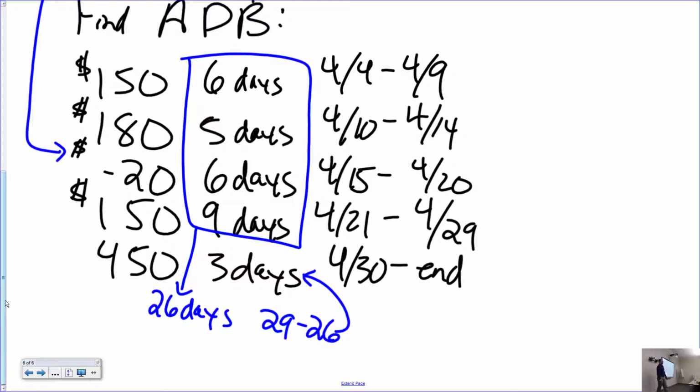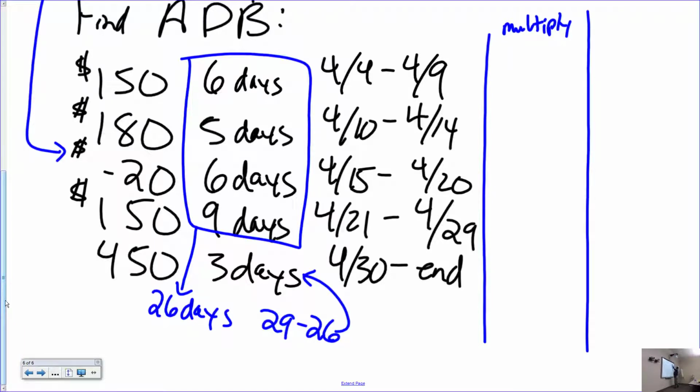Okay, now, average them up. What are we going to do to average them? Multiply each balance by its days. 150 for 6 days: $900. 180 for 5 days: 900. Kind of nice. 6 days at negative 20.